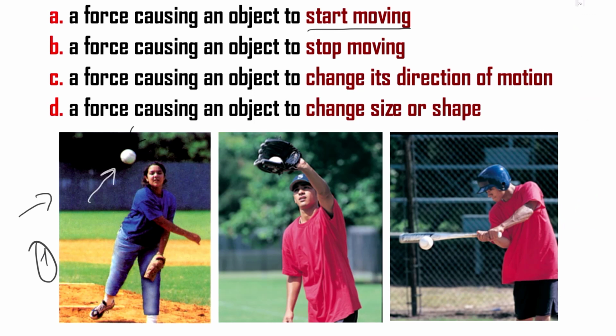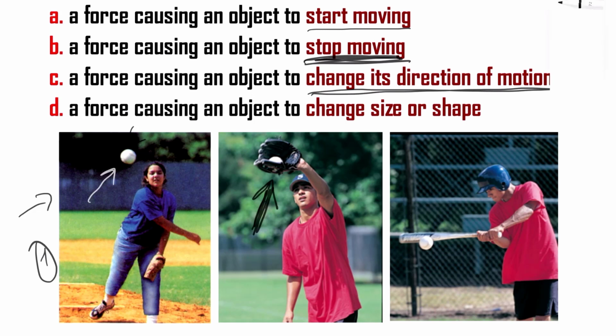Force can cause an object to stop moving. So when she throws this ball, the other guy, you know this game, is going to hold it and stop its motion. So here, as you see, the guy is stopping the moving ball. So force can stop motion. And force also causes a change in the direction of motion.